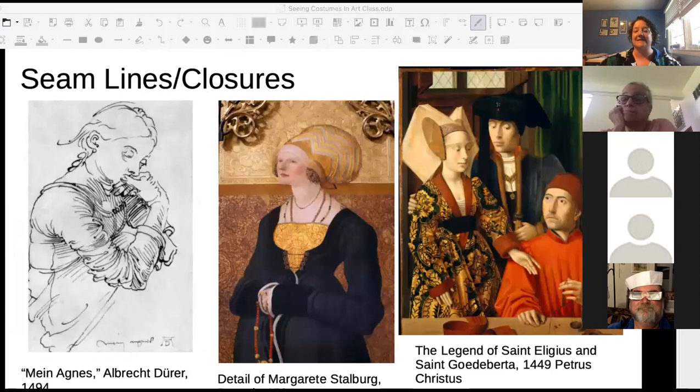Sometimes closures and fastenings, you can see them. They are very apparent, like on Marguerite. Sometimes they're almost invisible unless you zoom way in. Later on, I'll show you a portrait in which you can actually see pinheads holding the front of her dress shut, but you have to zoom way in. Sometimes you can only see part of the fastenings.